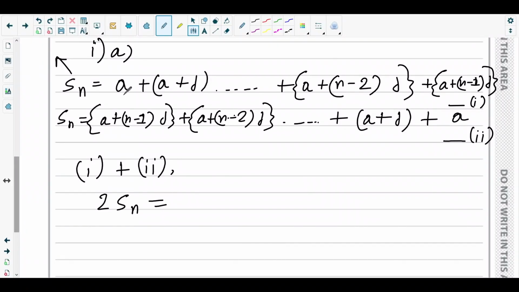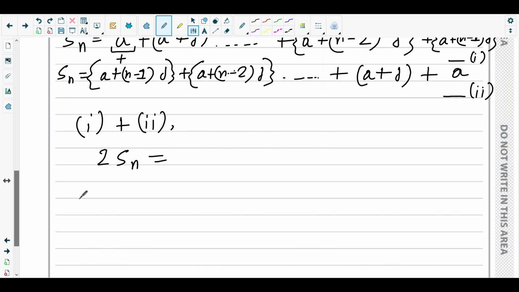This equals, look, if you consider the first term of the first equation and the first term of the second equation and add them up, you will get twice A plus nd minus d. If you take d common, you get n minus 1 times d.